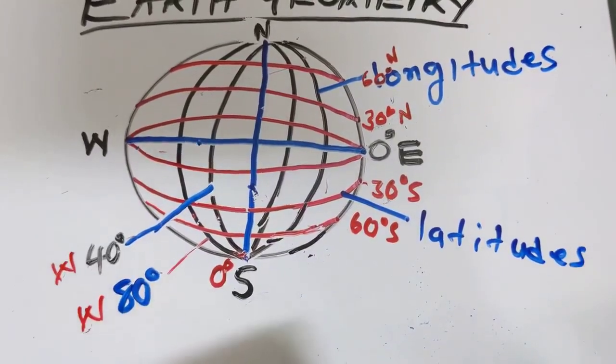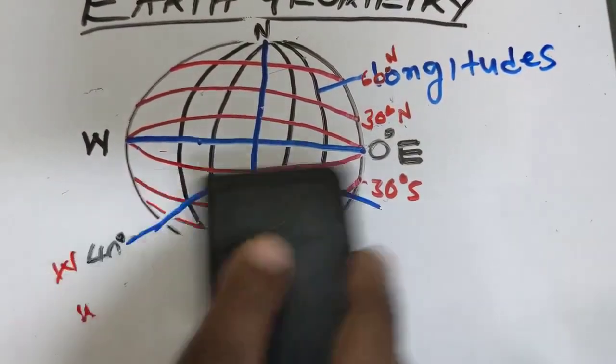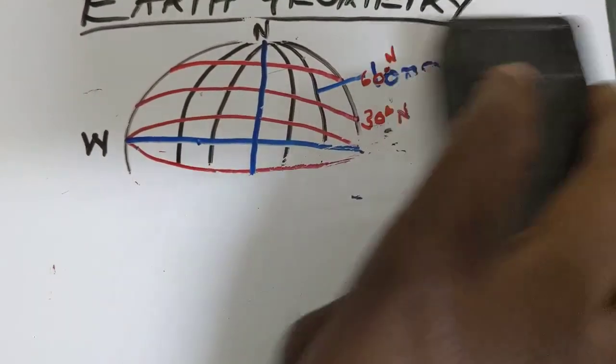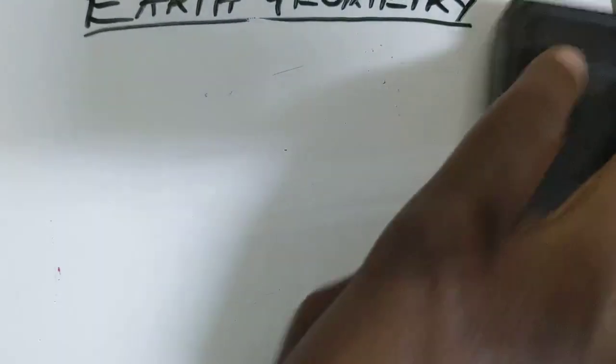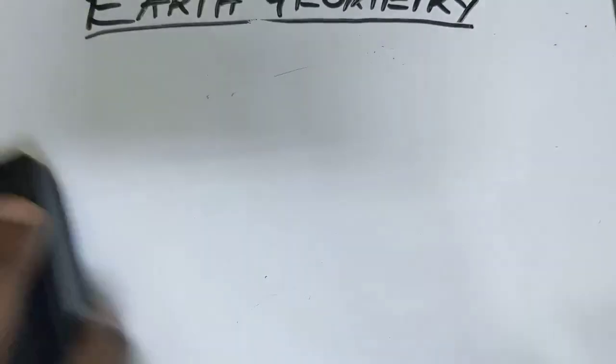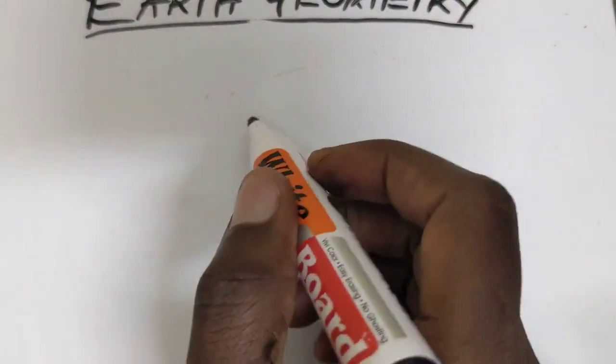Okay, so to make it simple, let's try to draw one with not a lot of lines. I'm sure you're able to understand on that one. Yes, so it will be like this.